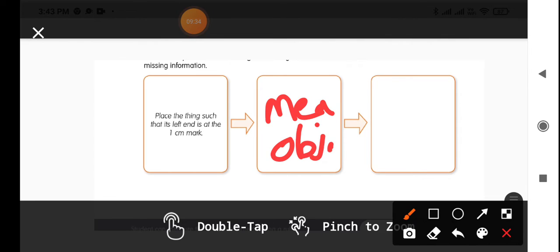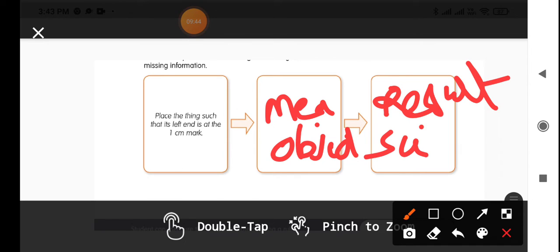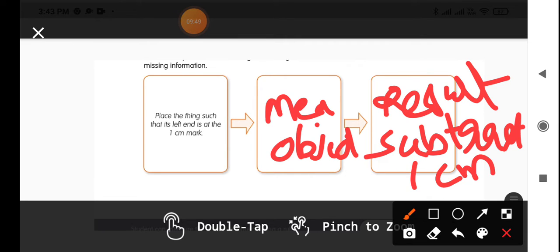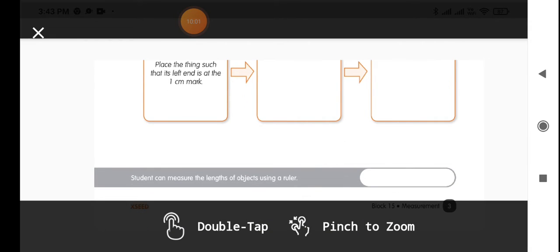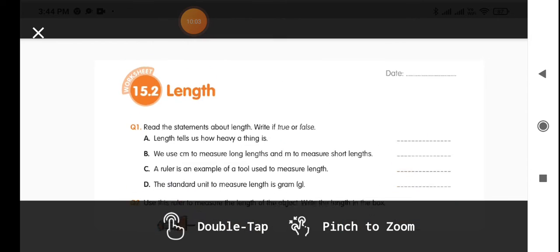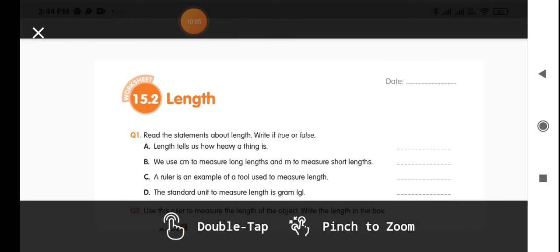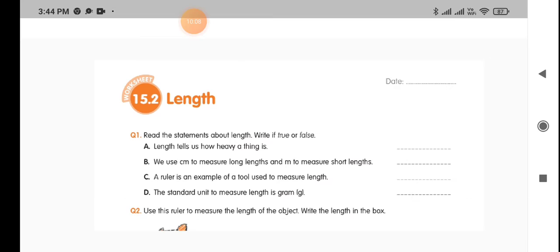And then finally you subtract 1 centimeter from the obtained result, so that you will get the 0 as the starting point and can get the accurate length of the object. So this is the way to measure anything, children. This you already learnt in your math subject.